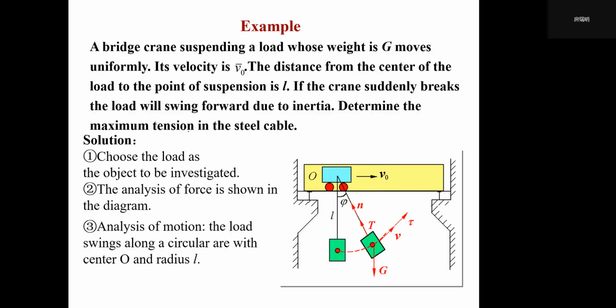So one is this: choose the load as the object to be investigated. So one is 选择研究对象, right? We choose the load, here's a green box, maybe, as the object to be investigated.